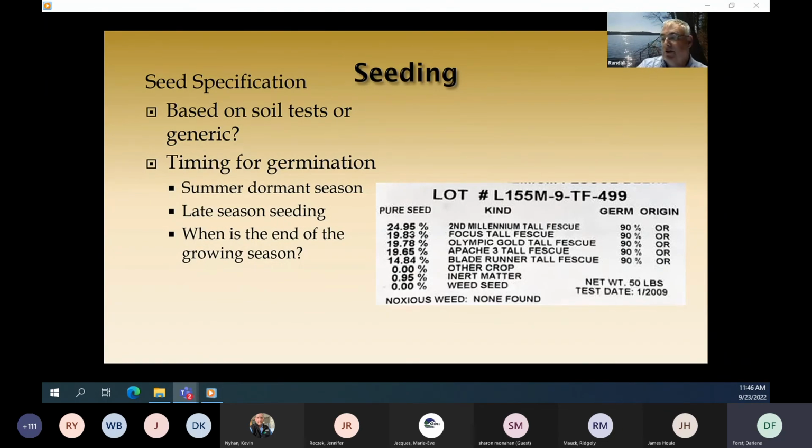So that's it for erosion control. There's a whole bunch of information out there for all of these, whether it's the Stormwater Manual Volume 3, or the EPA website, which has a whole bunch of information. You can look at almost any state. Most states now have erosion control manuals, and most of them are pretty much the same, but there are some differences.